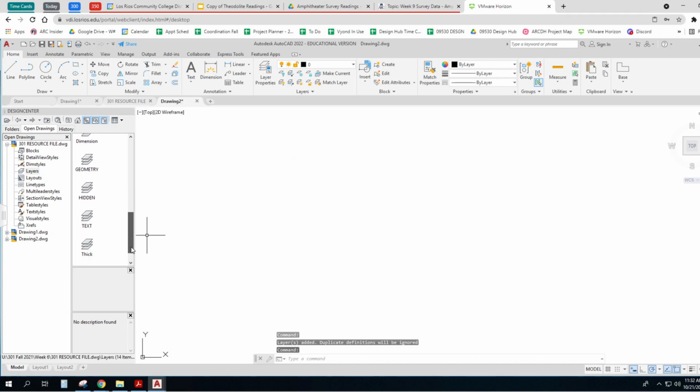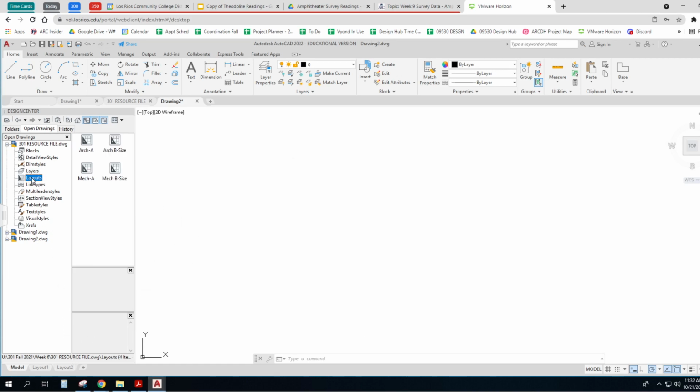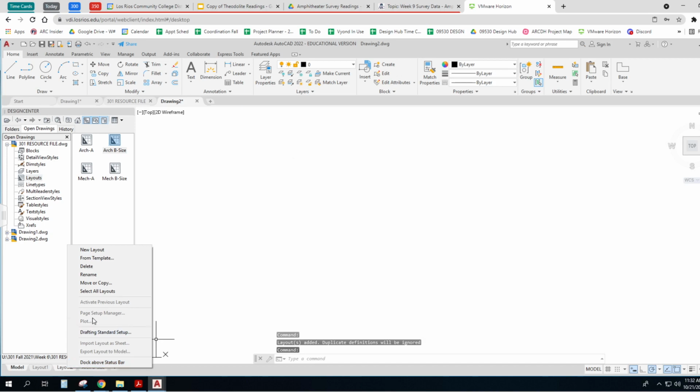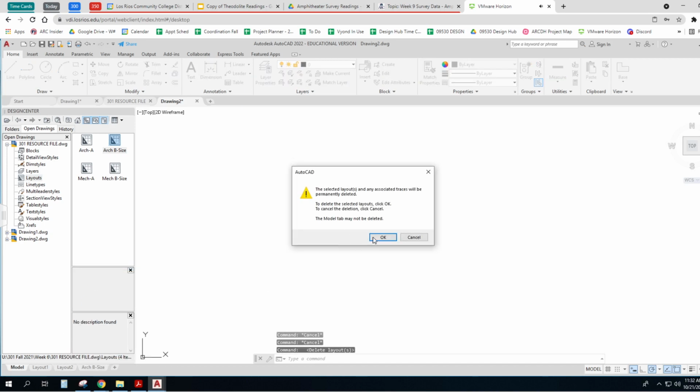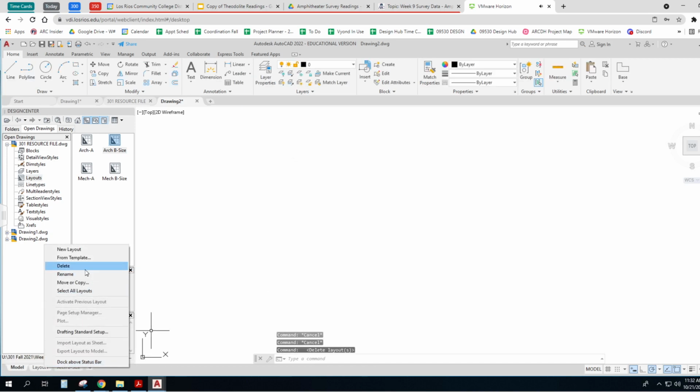And then I'll probably be working mostly with thick and thin, but I'll put a text one in there. That'll get me enough to get started. And while I'm in here, let me put an architectural B-size layout in. And I'll get rid of these other ones.